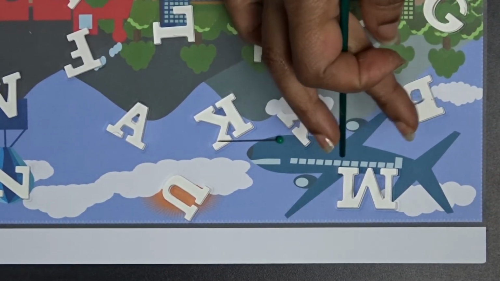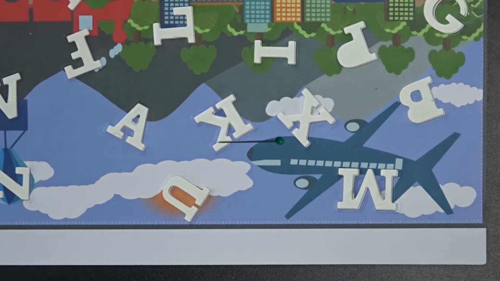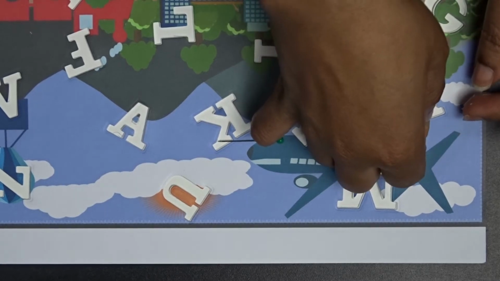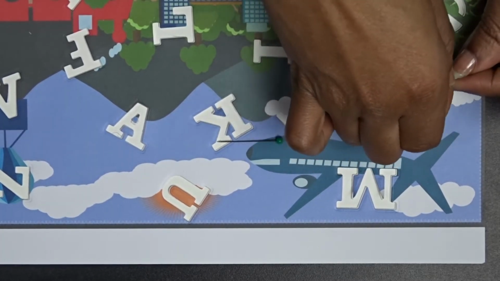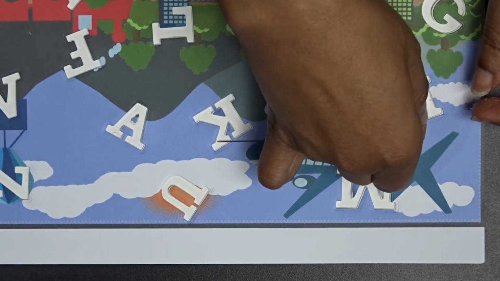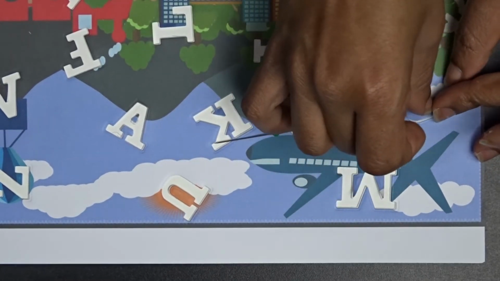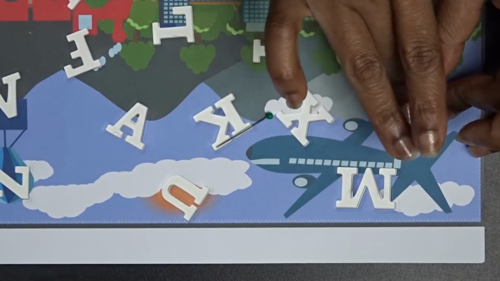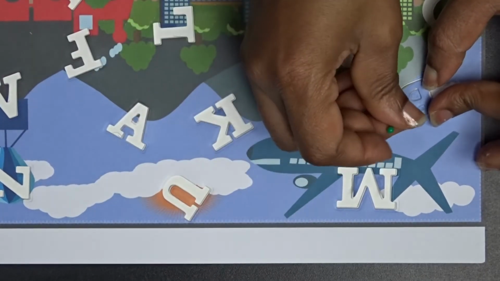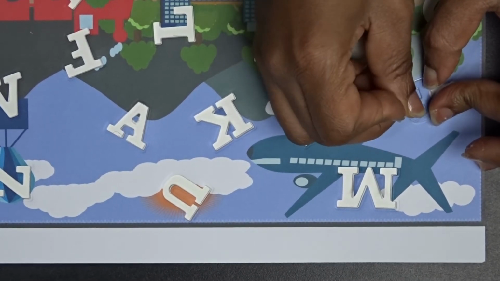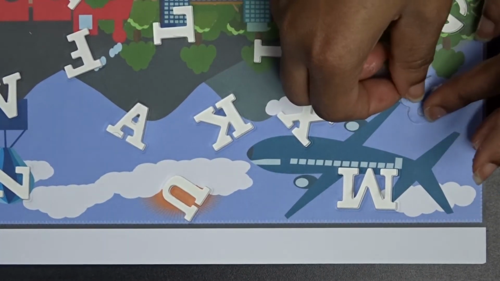Okay, not enough glue. No wonder. Just making sure that it's placed right so that the alphabet can fit when the player is playing it.